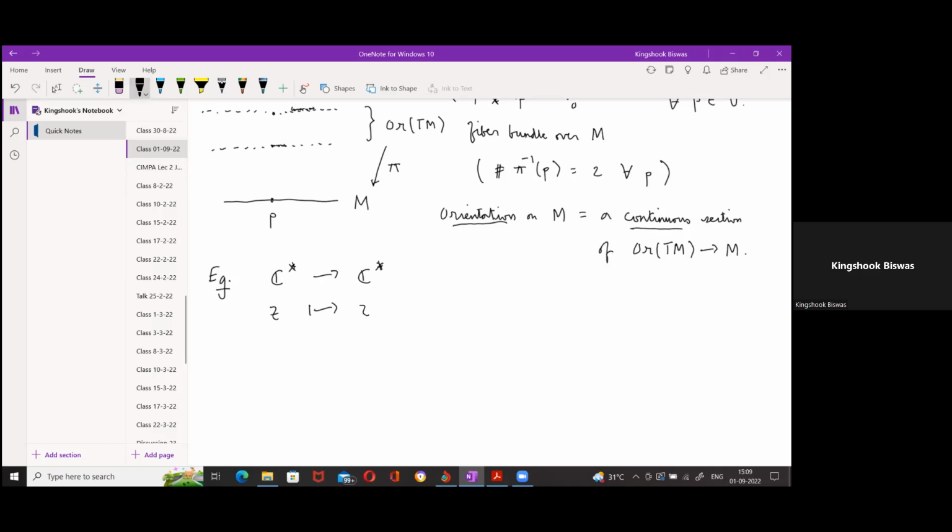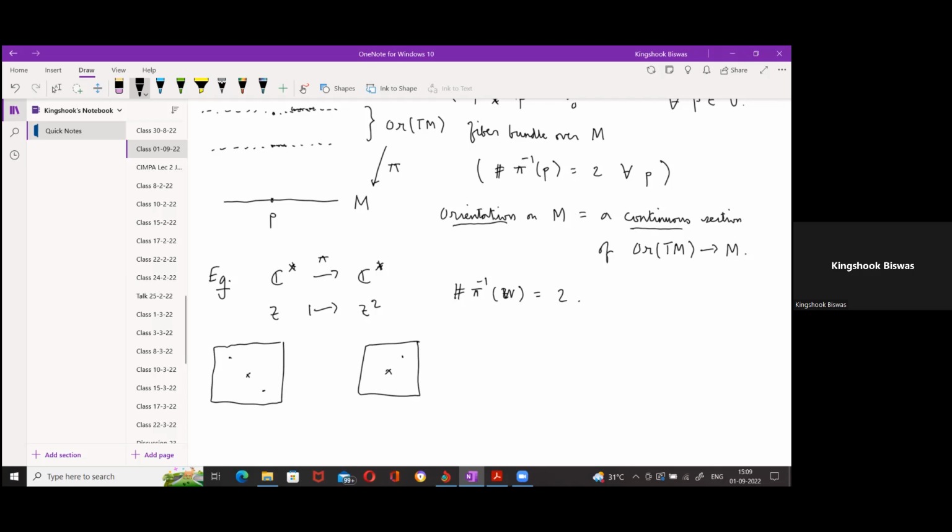So z goes to z squared. Here, if this is your map pi, every point w has two pre-images, right? So here can you choose a continuous section for this fiber bundle? For every point in the range, you have two pre-images, two square roots, which are negatives of each other.